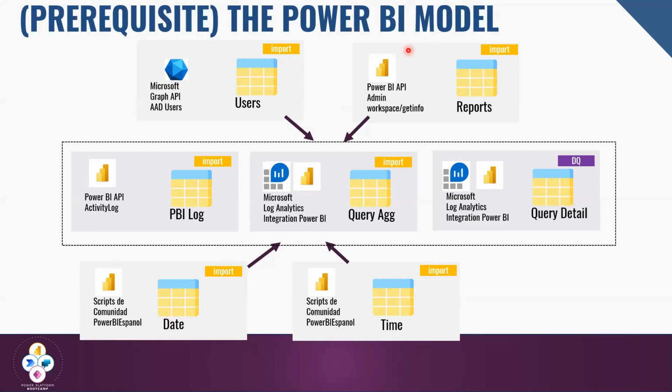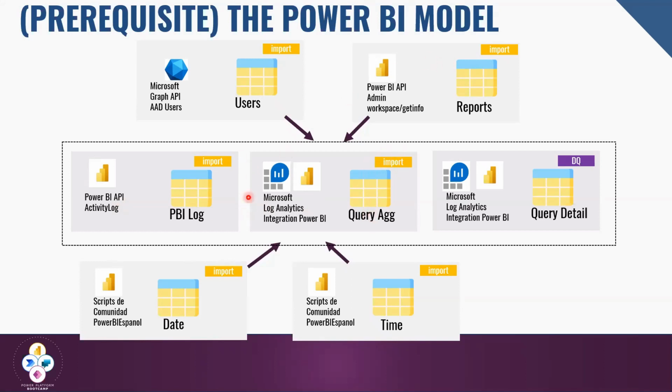Okay, and we can connect all these 4 dimensions into 3 fact tables. The first one, the Power BI log, is sourced through the activity log API that I told you we are collecting through Data Factory and storing in the data lake. We do have as well an aggregated query that we run against the log analytics to get, by user, by day, and by report, just the average query time.